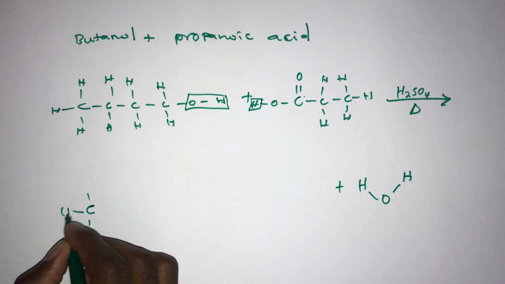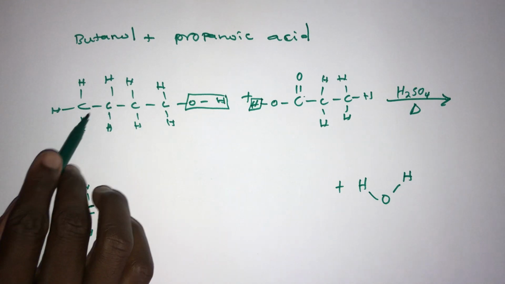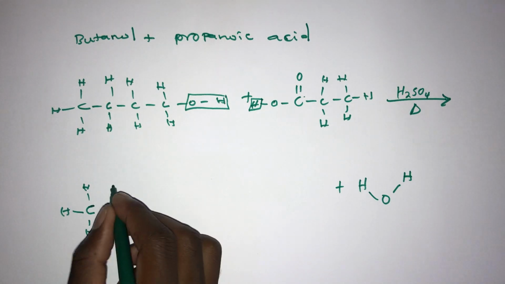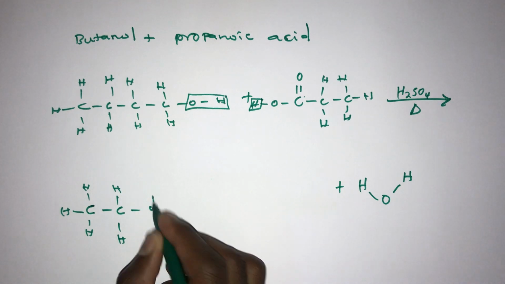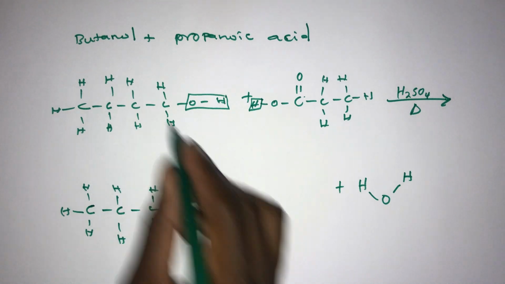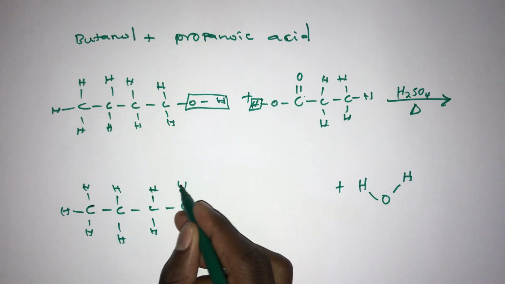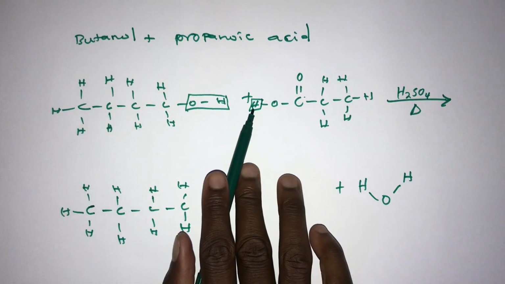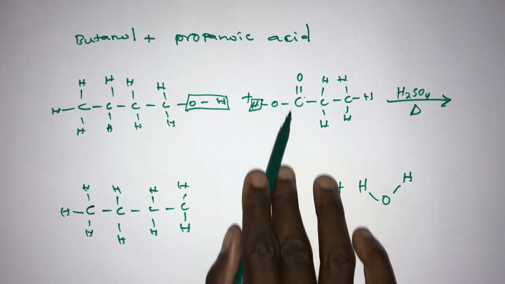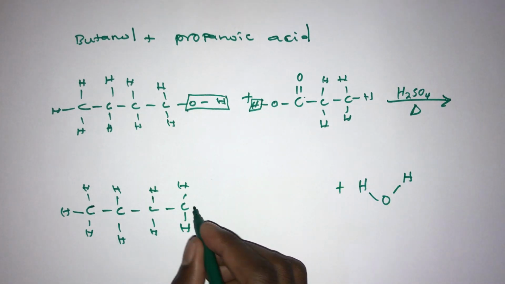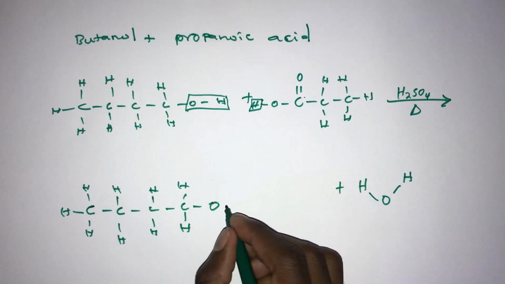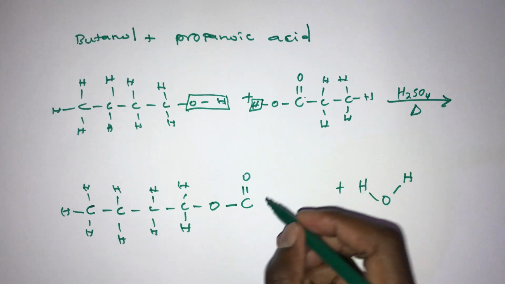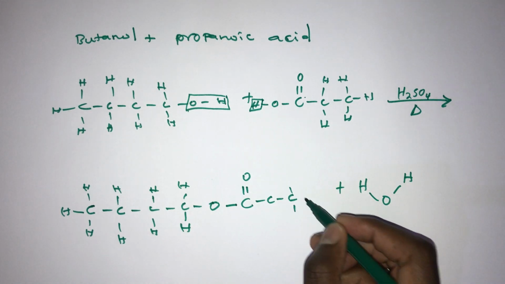This is the first carbon atom, then the second carbon atom, the third carbon atom, and the fourth carbon atom. Since we removed this O and this H and this H, now we're going to have this O, then a bond, then this carbon atom with a double-bonded O up there, just like that.